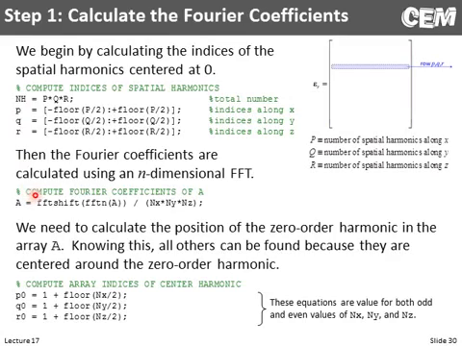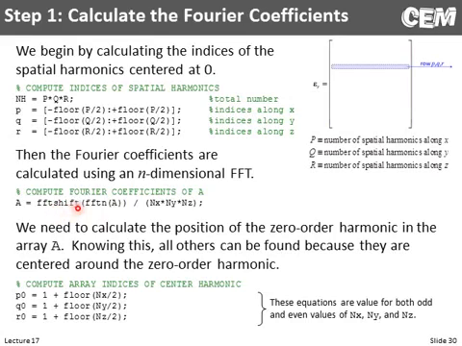Next, we actually compute the Fourier coefficients. As I mentioned, it's an FFT. We don't know whether we're Fourier transforming in 1, 2, or 3 dimensions, so we use the built-in MATLAB function FFTN, which is an n-dimensional FFT. In fact, A could be 12-dimensional, and this would Fourier transform each dimension, even though A could be a 1D, 2D, or 3D array for our code.